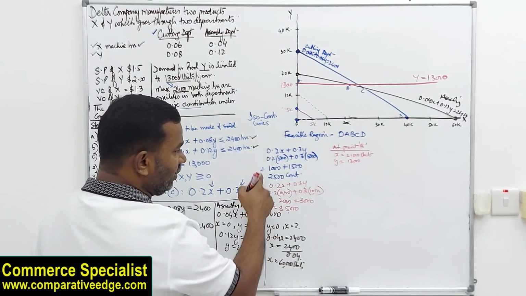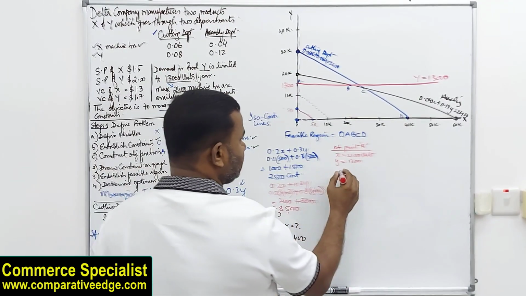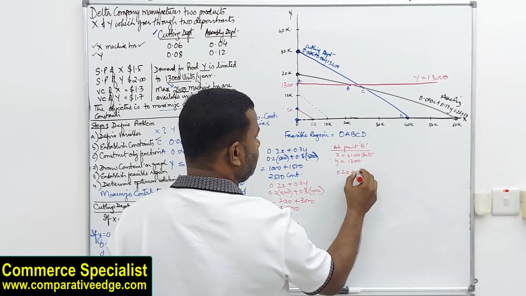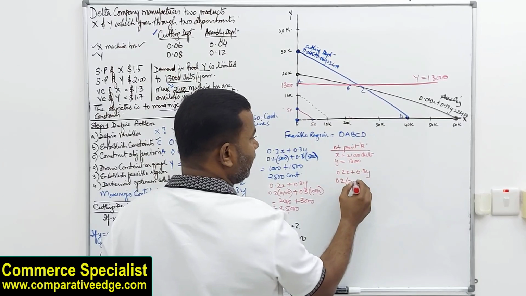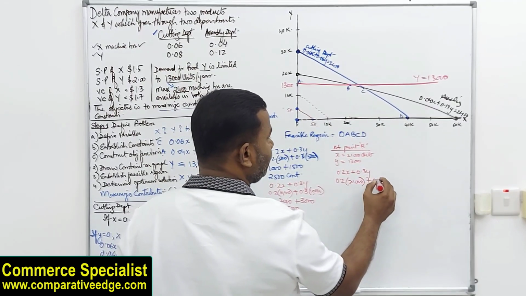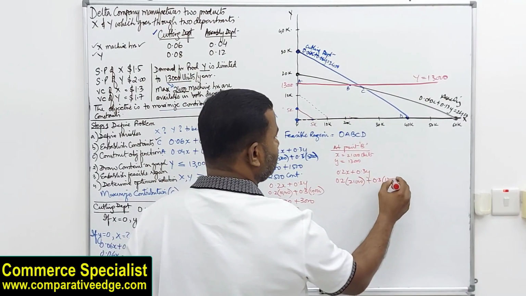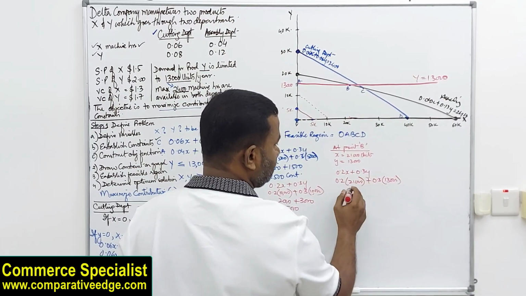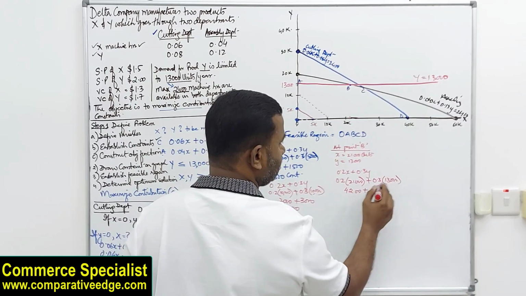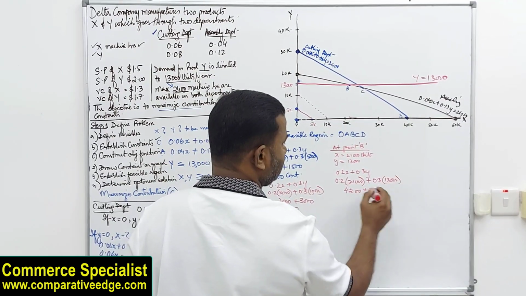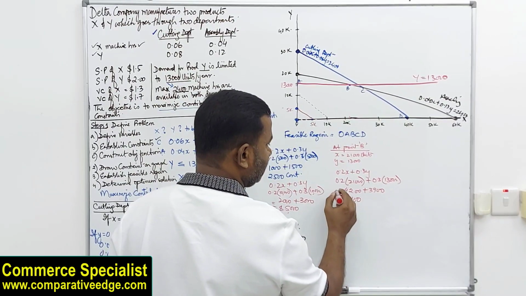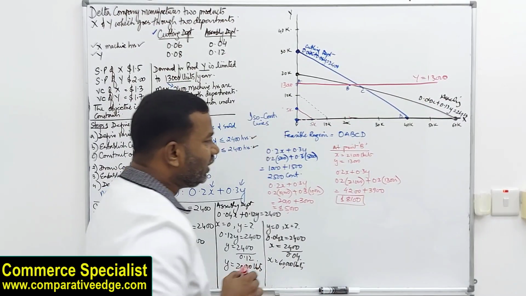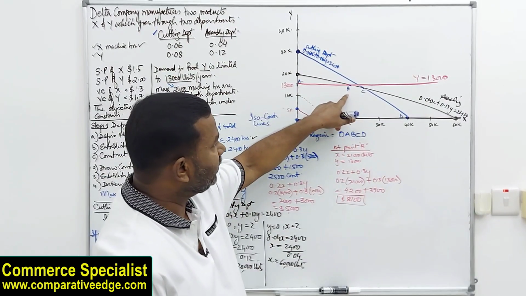So if I plug the numbers into the objective function, it's 0.2x plus 0.3y. So 0.2 times 21,000 plus 0.3 times 13,000. 20% of 21,000 would be 4,200 and this is 3,900. This will give you 8,100. So this is the contribution you are making at point B.